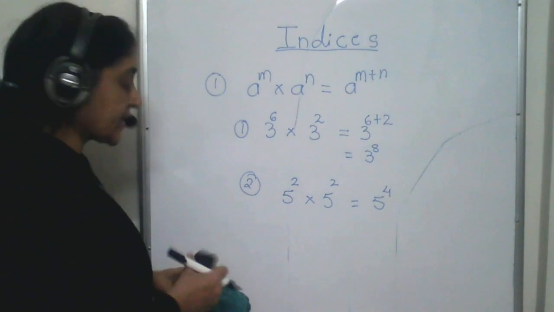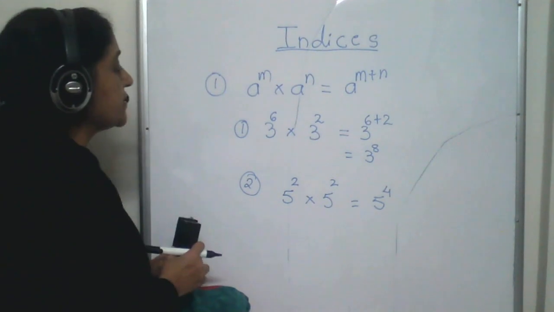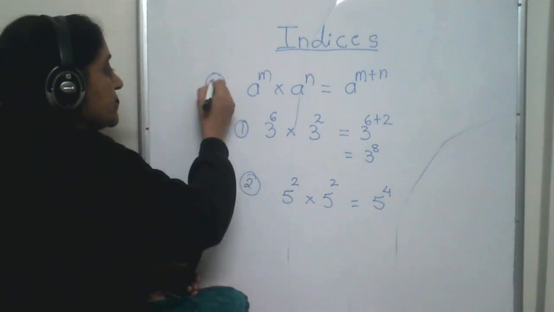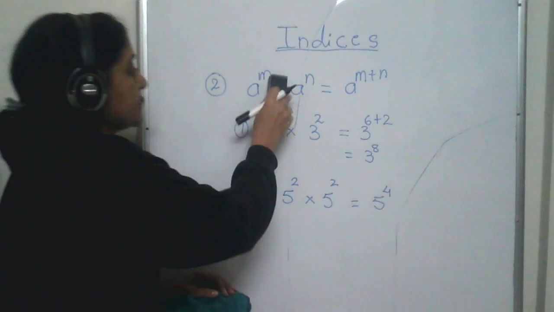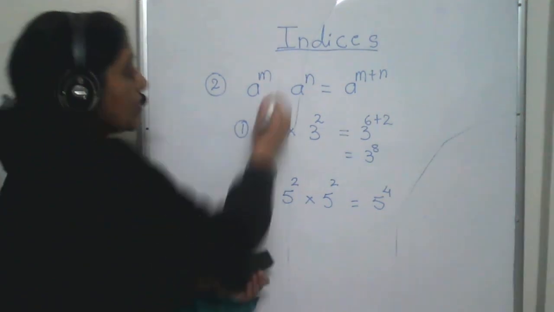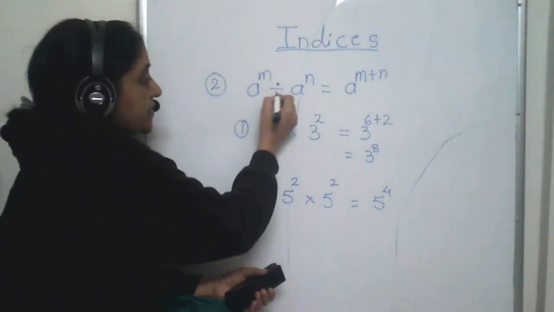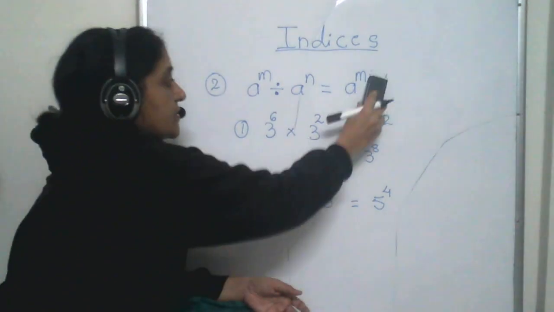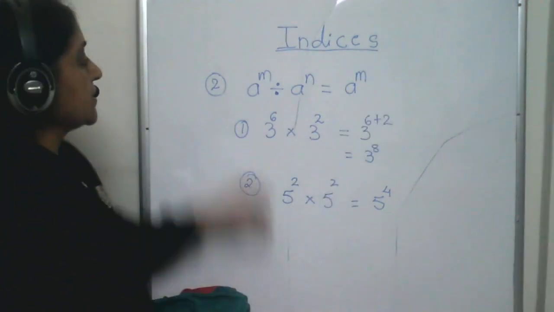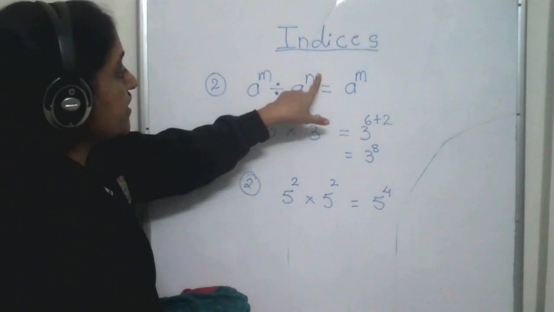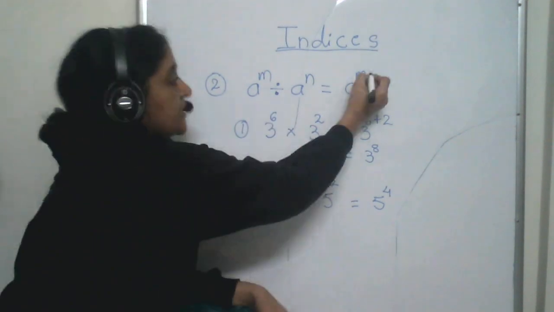Now the second law says the same law but with the division operation. Whenever it is division, the exponents will get subtracted.